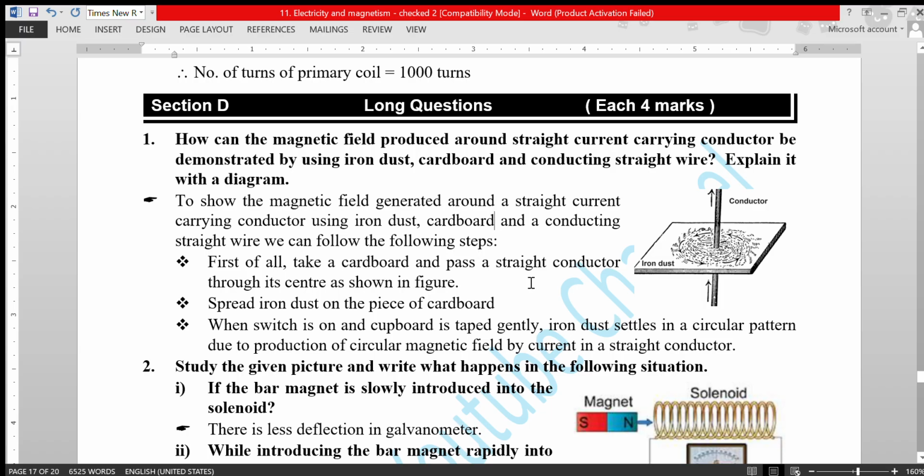First of all, take the cardboard and pass a straight conductor through its center as shown in the figure. Spread iron dust on the piece of cardboard. When the switch is on and the cardboard is gently tapped, the iron dust settles in a circular pattern due to production of a circular magnetic field by the current carrying conductor.